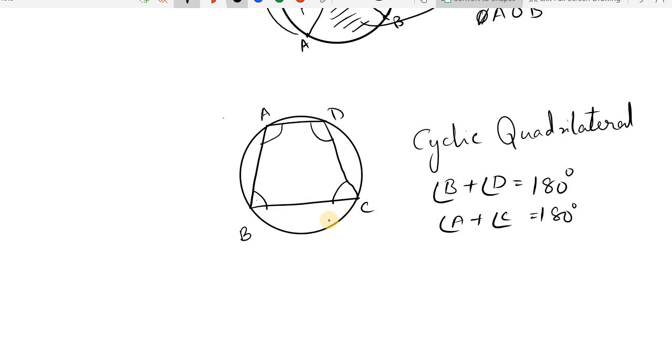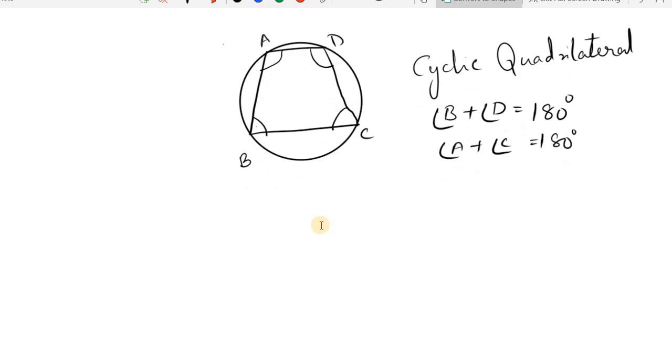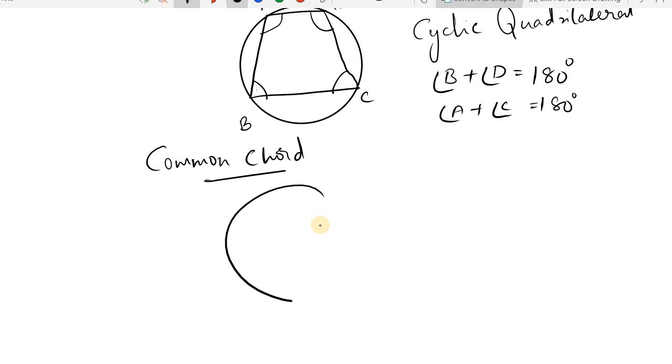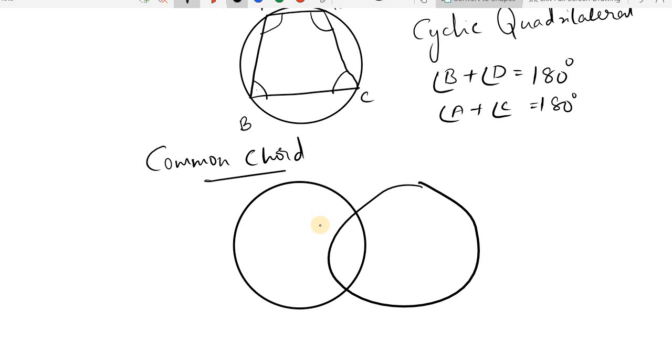Then another term that I would like to introduce is common chord. Suppose I have a circle here and I have another circle.